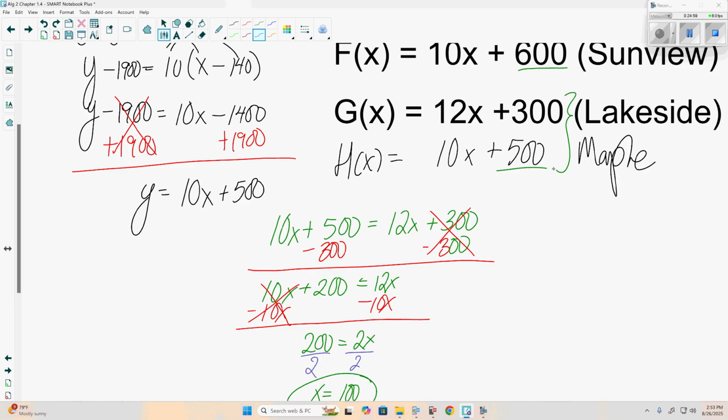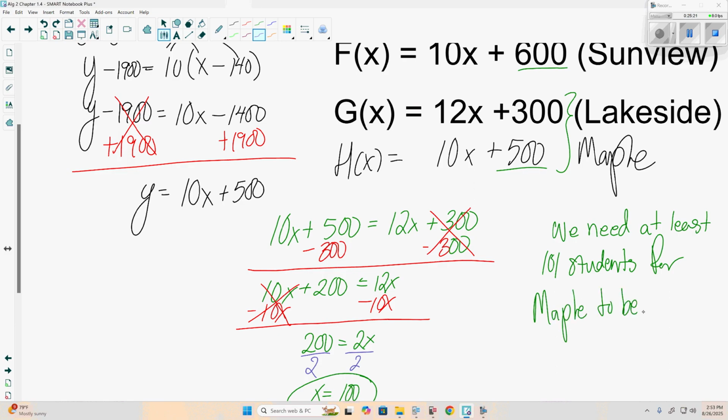So that means for Maple to be the cheapest, we need at least 101 students for Maple to be the cheapest.